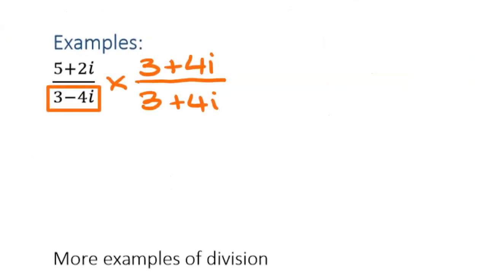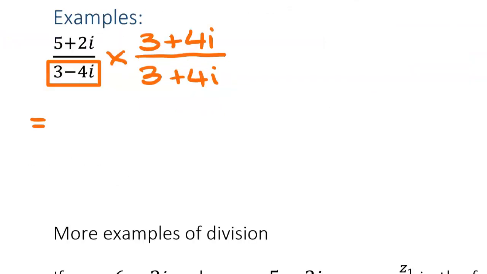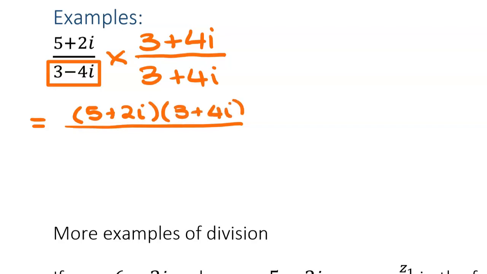So let's continue this. So what are we going to have? On the top, we must put brackets around things. 5 plus 2i, 3 plus 4i. And then on the bottom, 3 minus 4i, and we multiplied that. Same thing, we multiplied the top and the bottom by the conjugate of that denominator.